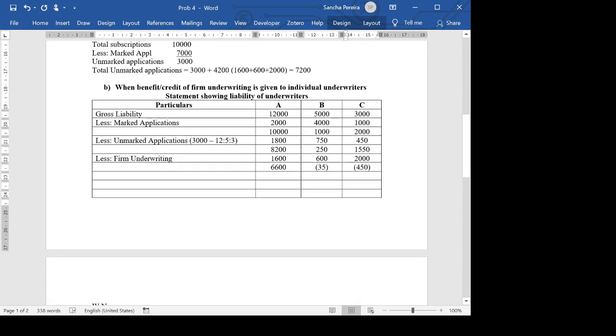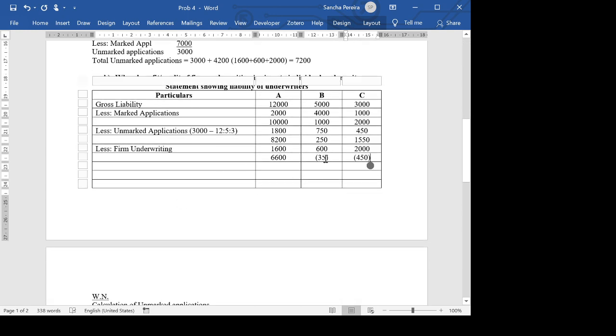Okay. Now, since there is a surplus, we have to allocate that surplus. Less surplus of B and C allocated to A. Now, since it's just one person to be allocated to, I don't need to divide this in any ratio.